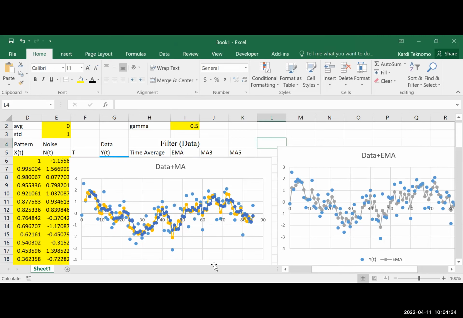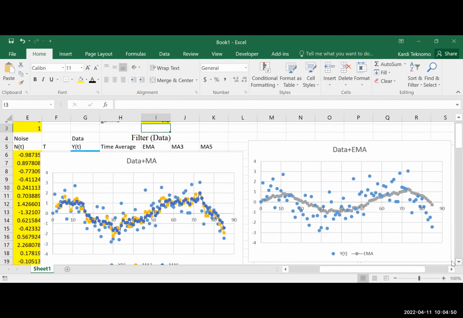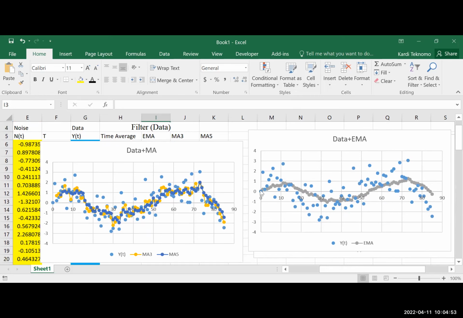Can you see? There is a pattern. Gamma is 0.1. So now we can compare. Using MA, you will get a smoother pattern here. Using moving average, the pattern is rich.